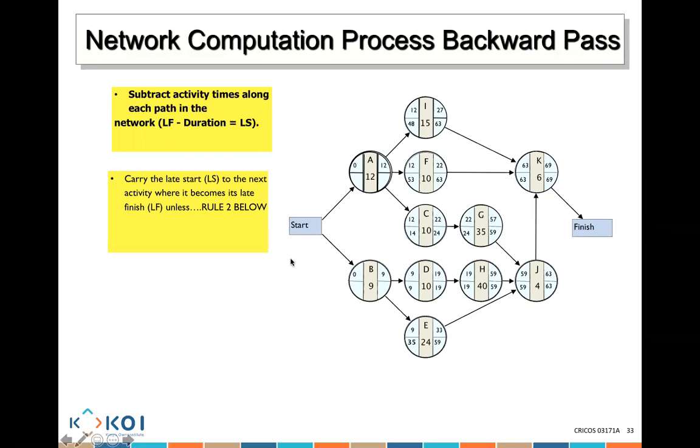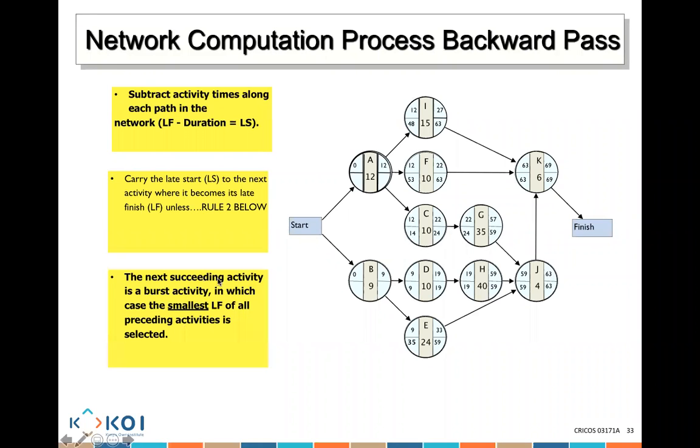Now, there's another rule like the other one. When the next succeeding activity is a burst activity, you use the smallest latest start time. This activity is a burst because there are two activities bursting from it. I have one latest start time and another latest start time.